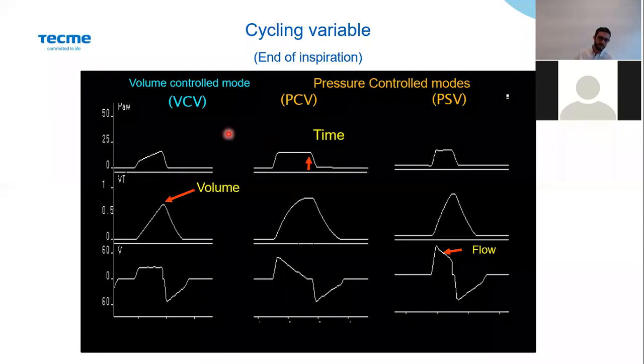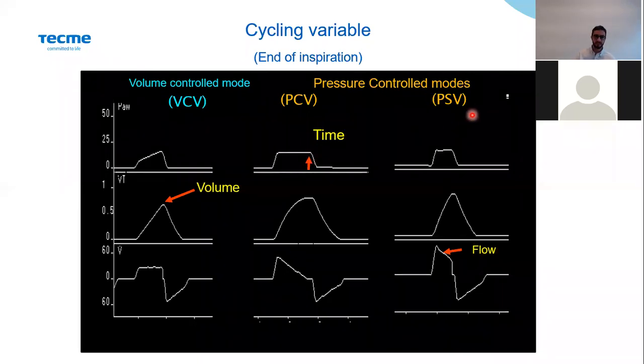So in volume control mode, when they achieve the volume, it will change from inspiration to expiration. However, of course, it will take all the inspiratory time. And then in pressure control mode, for example PCV, this cycling will be performed by time, by setting a frequency, or an inspiration time in fact.